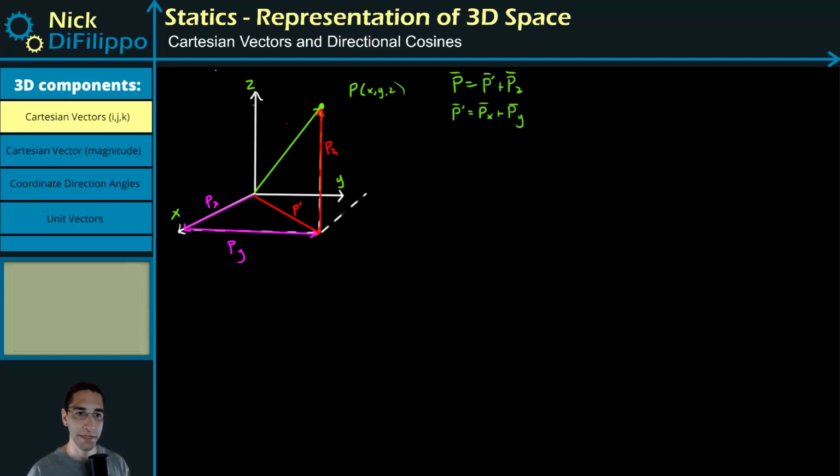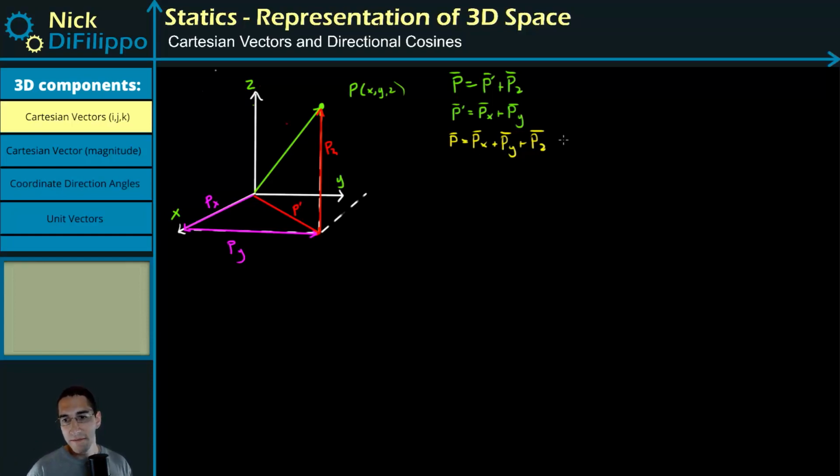Now I can substitute what this P prime is into this equation. So I get my vector P is equal to Px plus Py plus Pz. So I'm going here, Px, Py, and Pz, and I get to the point, my point P.